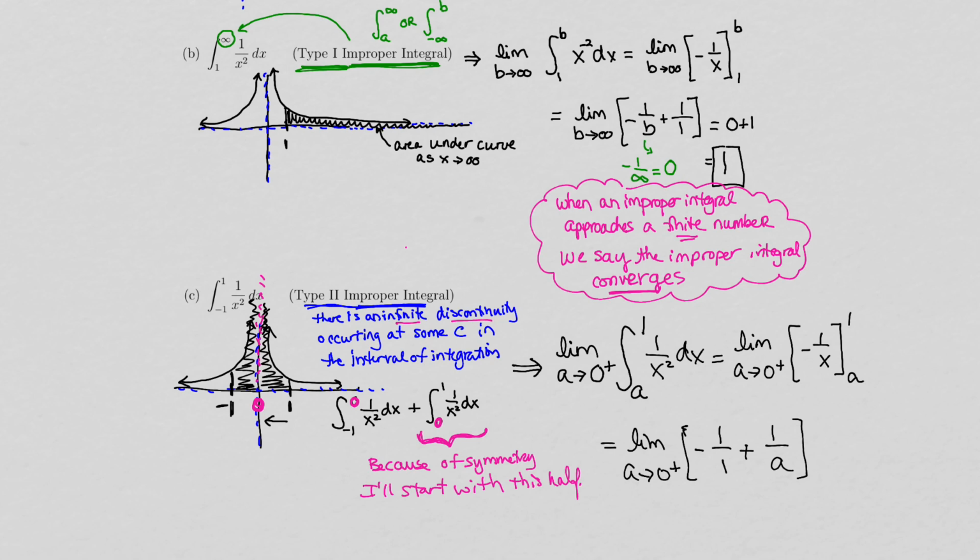But the question is, what is happening as you plug 0 in there? You get really big numbers. If you take, and this is the way I think of it, 1 divided by a, but I'm replacing a with something that's really, really small.